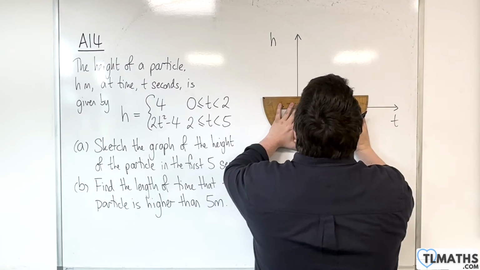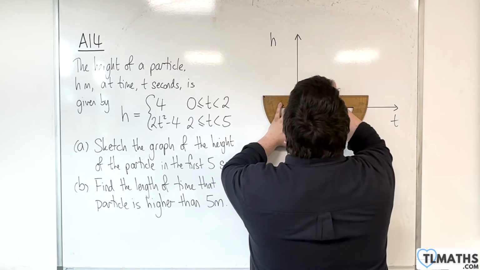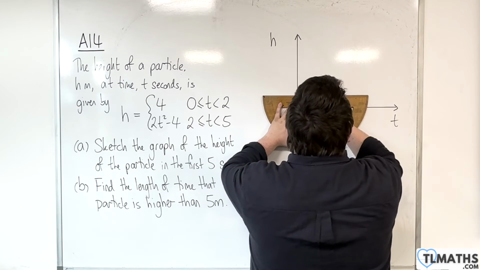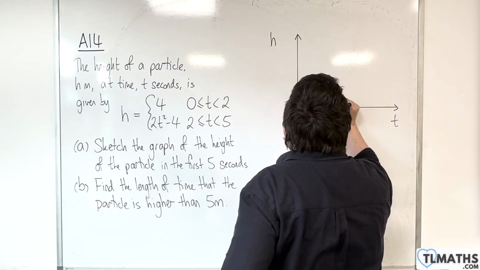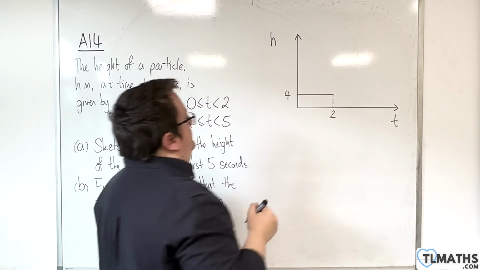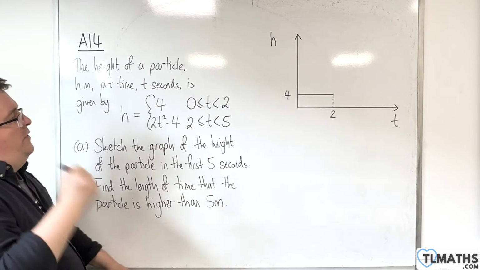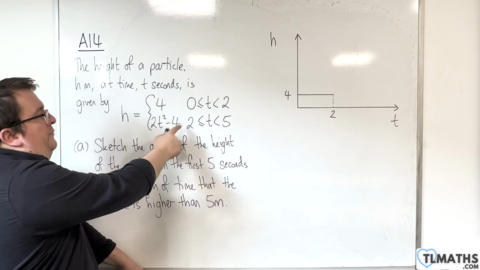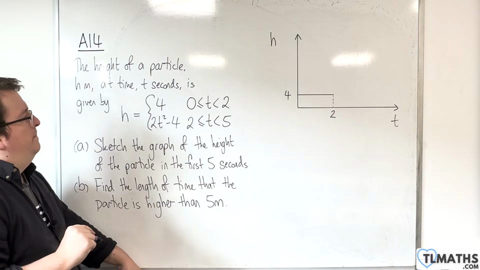So we want to draw a horizontal line, and that is the first 2 seconds. So that's at 4. Then it becomes a parabola for the remaining 3 seconds.